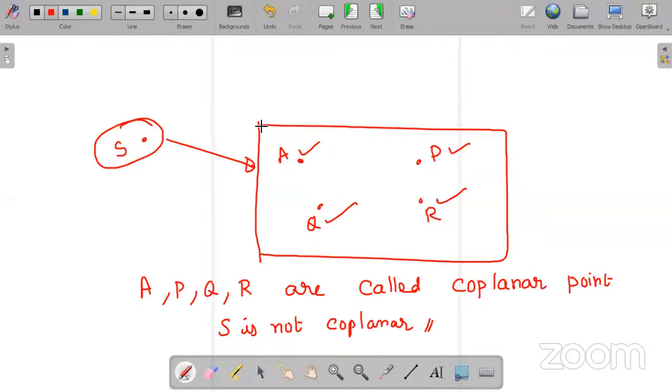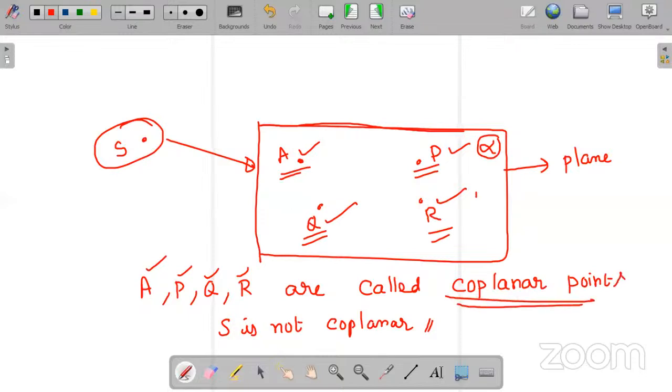For example, this is the plane, say the alpha plane. In this alpha plane, this is point A, this is point P, this is point Q, and this is point R. With reference to this plane, A, P, Q, R lie in the same plane, so they are called coplanar points.